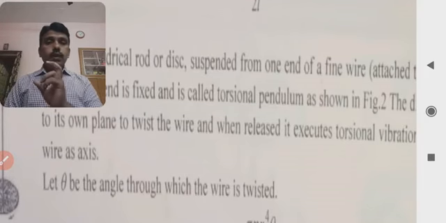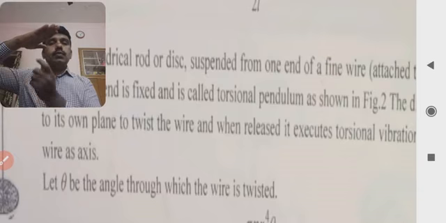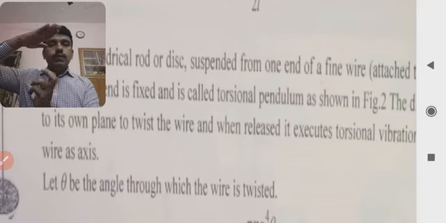Now here is the fixed point, and here is the disk, and when I twist it, it will again try to regain its original position because it is connected through the wire. Then the oscillations occur. But the important thing is the amount of twisting, that is the twisting angle. If I twist it for a smaller angle, the regaining is very slow.